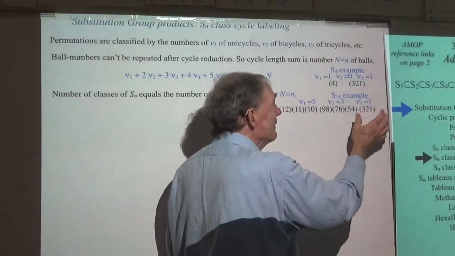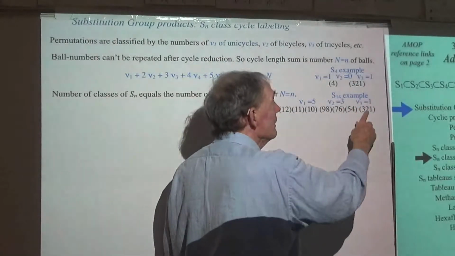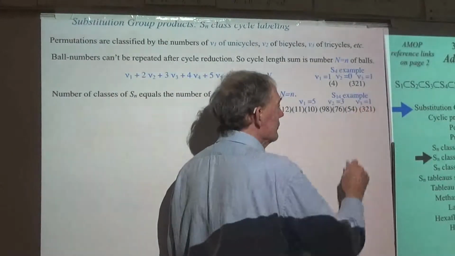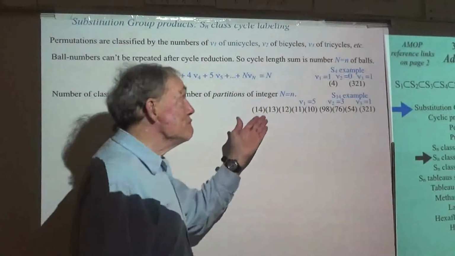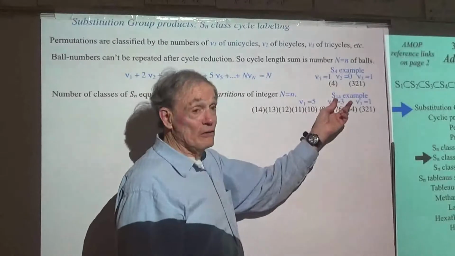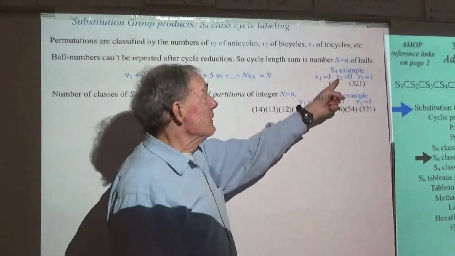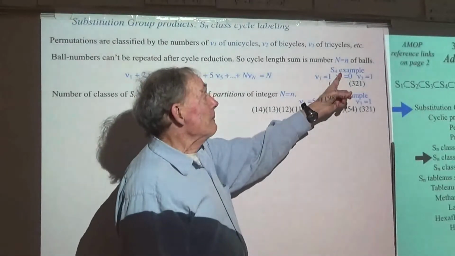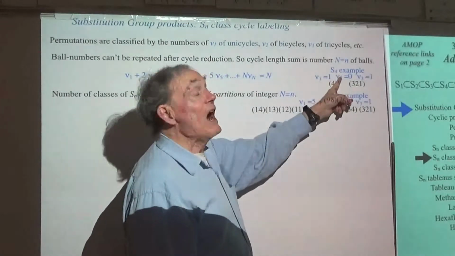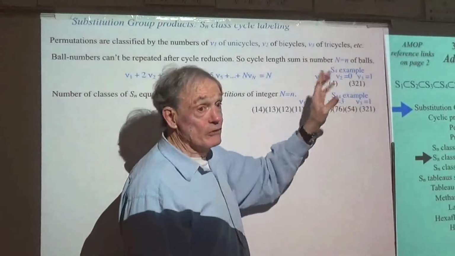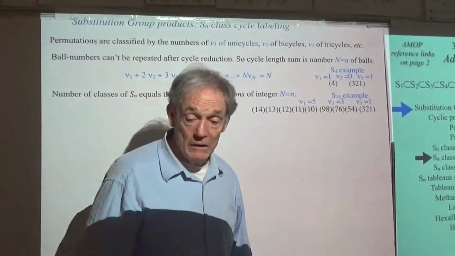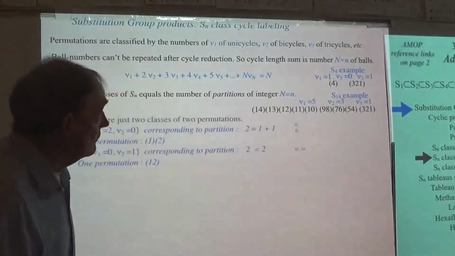That makes you have 10 real fingers. But I'm stopping here. I just have a tricycle, nu 3 equal 1. That's just one of many classes in S14. This is one of the 5 classes in tetrahedral and octahedral and S4, which are all the same group in an isomorphic setting.